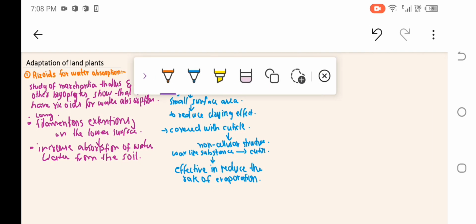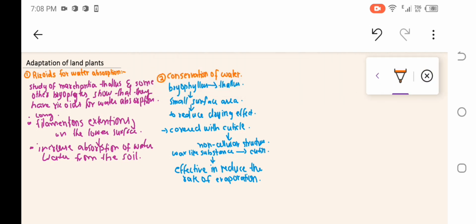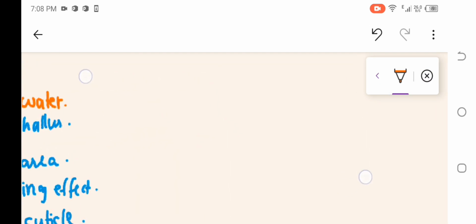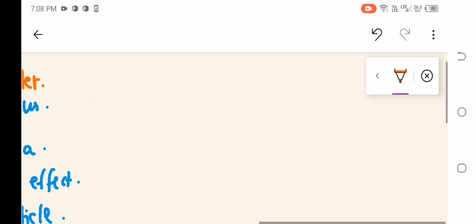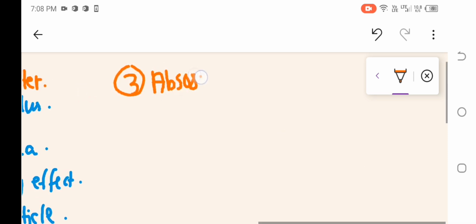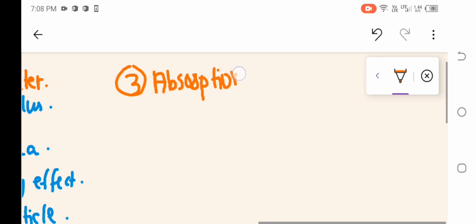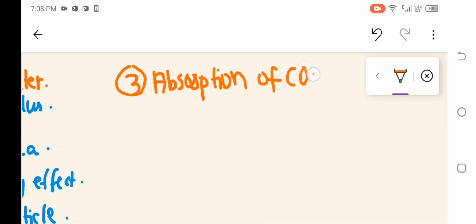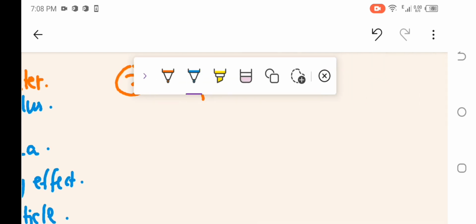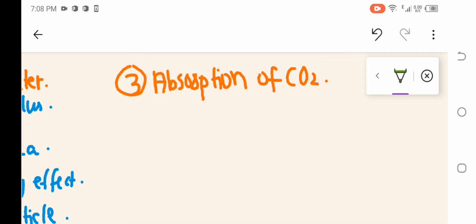Now let us discuss the third adaptation, which is absorption of carbon dioxide. Okay, now we know that land plants need exchange of gases. Land plants need to exchange gases with the environment.